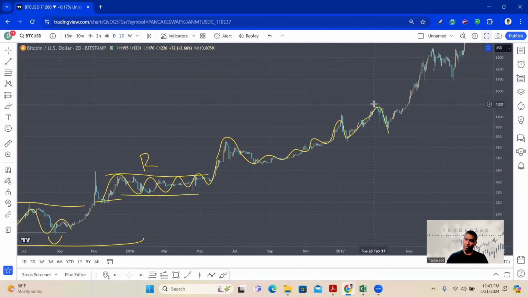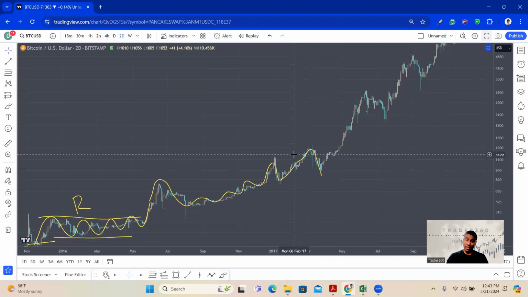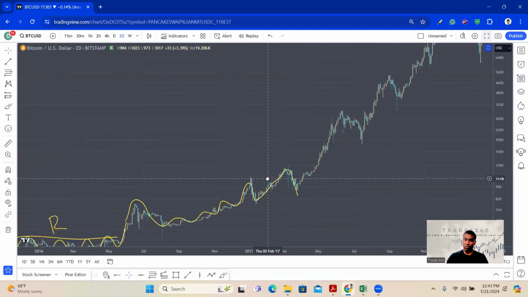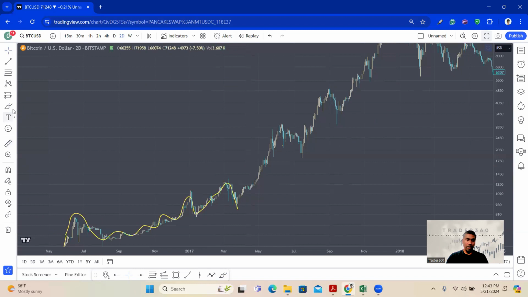They move a maximum of 20-30%, or in an uptrend they have a correction of 20 to 30%, and then they go up.